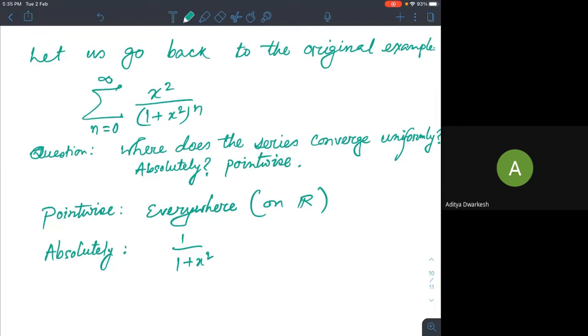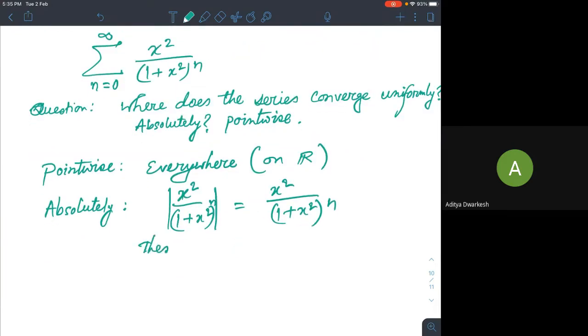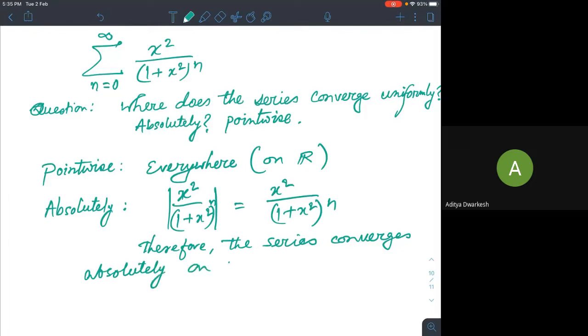So the mod of this is always this itself. Therefore the series converges absolutely on the whole of R.